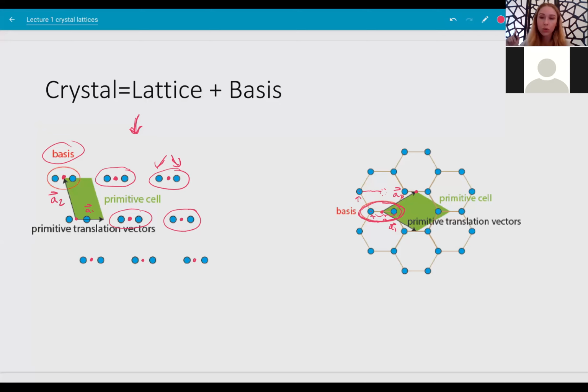Let me do one more vocabulary word, and I'll do it on this slide. This one is actually used a lot in research: the unit cell. I threw that word in earlier without defining it, but a unit cell is the smallest or sometimes most convenient repeating unit which comprises a crystal.